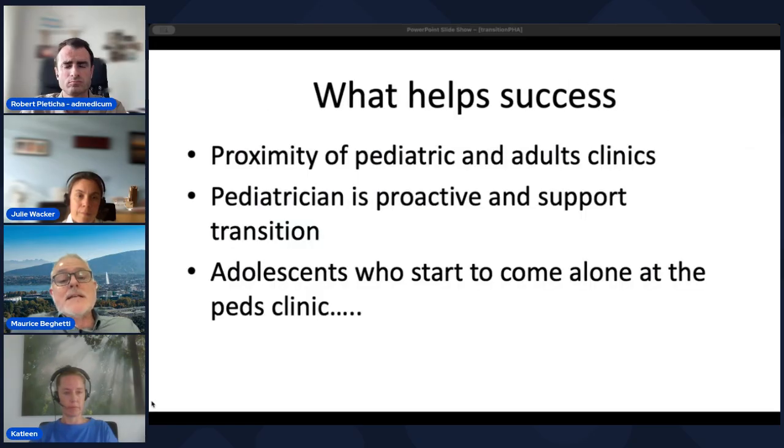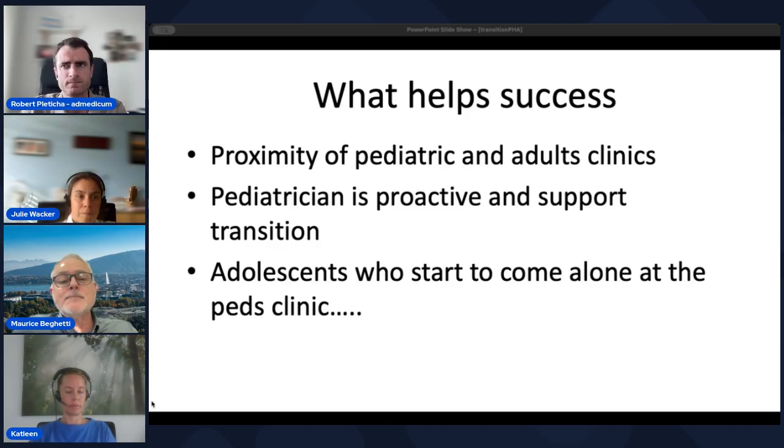So what helps success? I told you proximity. The pediatrician should be proactive and support transition and not try to impede that. And adolescents who start to come alone at the ped clinics. It's a bit difficult for PH, but for congenital heart disease, sometimes between 16 and 18 years of age, they can start to come alone without the parents, and you can exchange and probably discuss also different things in the absence of the parents.